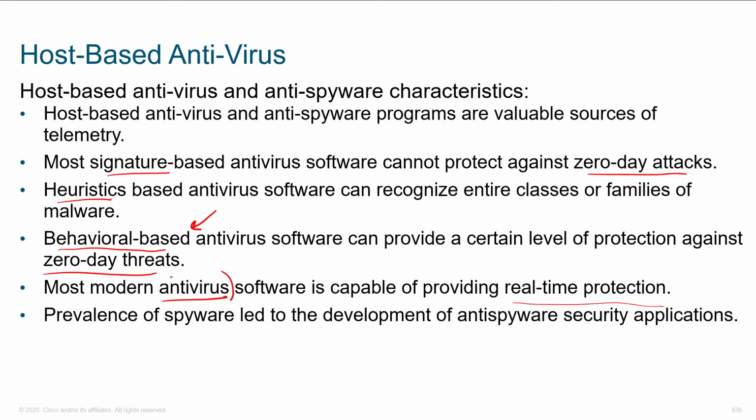And if your antivirus is vulnerable, this could actually be the vulnerability that the attacker leverages against you to get control of your system, actually using your own security tools against you. It's not that uncommon. So the prevalence of spyware led to the development of anti-spyware applications. And what you'll see from a lot of security vendors is that they've got products that cover a lot of different solutions. They do a little bit of all of these.